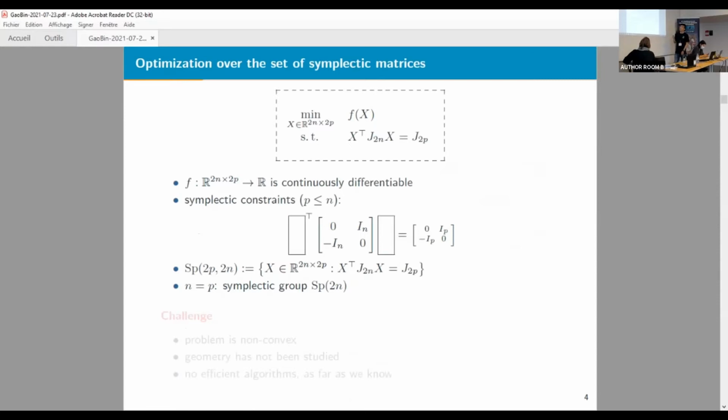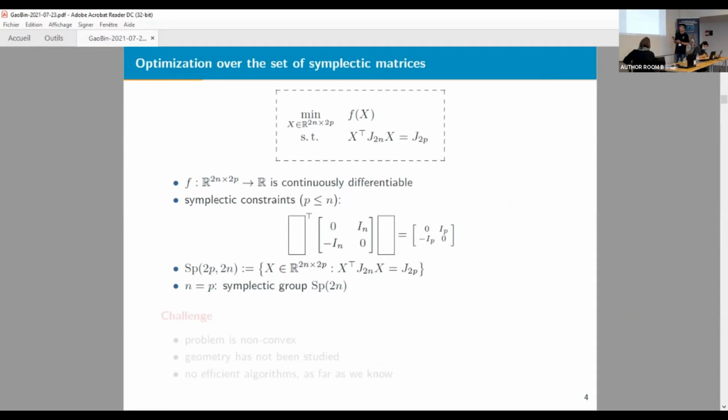Our problem is like this. We minimize a continuously differentiable function f(X), but we have a special constraint, the symplectic constraint. That means our variable X should satisfy the symplectic equation.